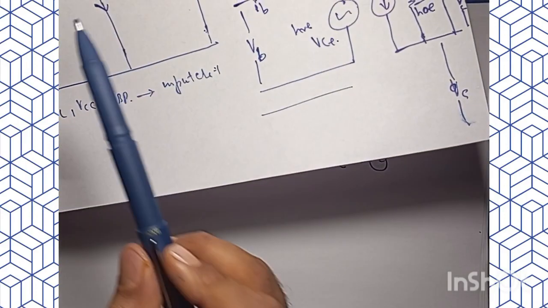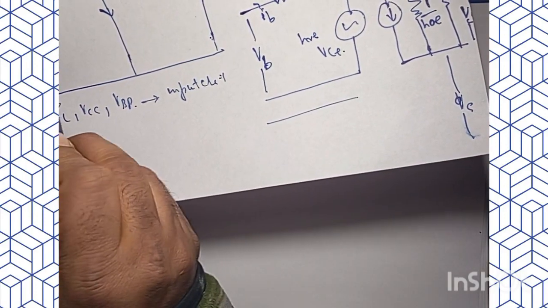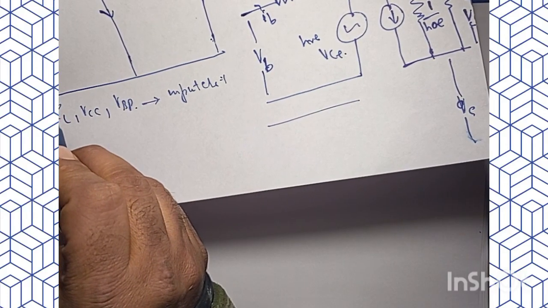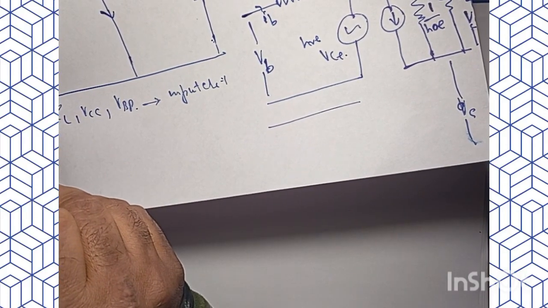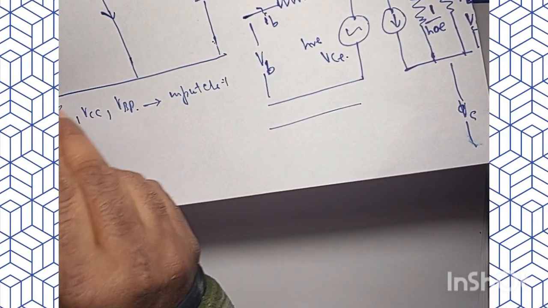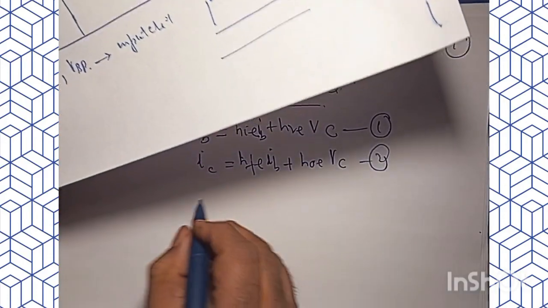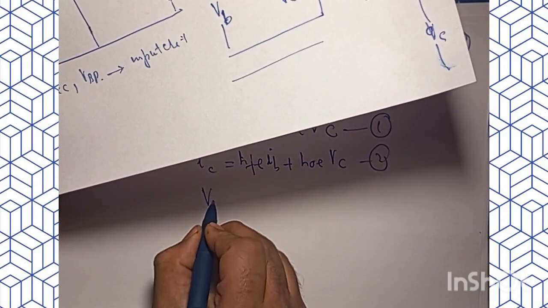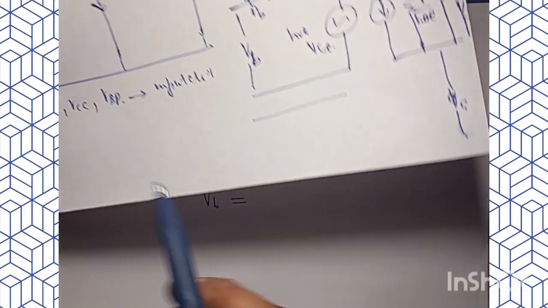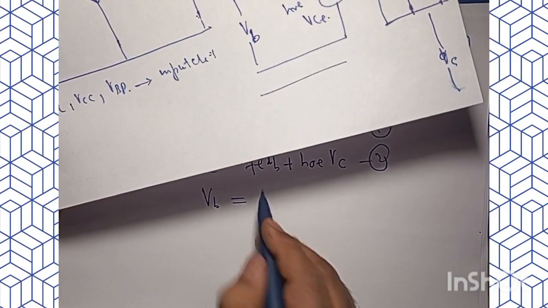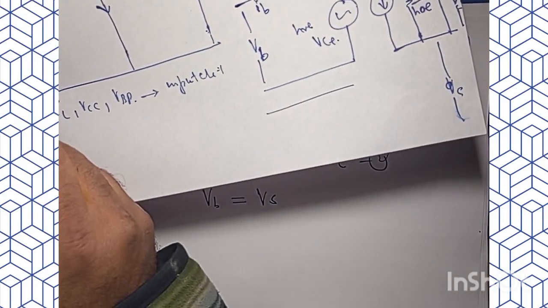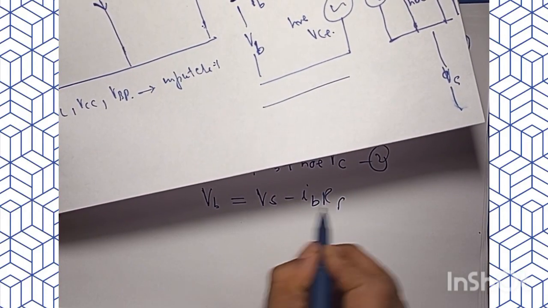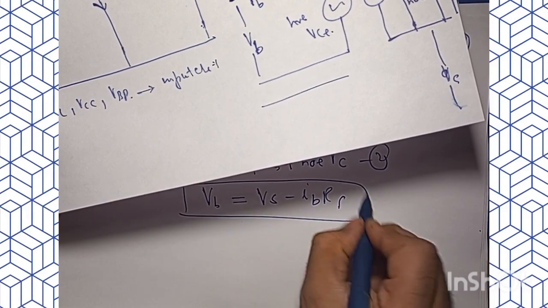The base voltage VB, the drop here, will be Vs minus IBRS, that is, the signal voltage minus IBRS using KVL in this circuit.